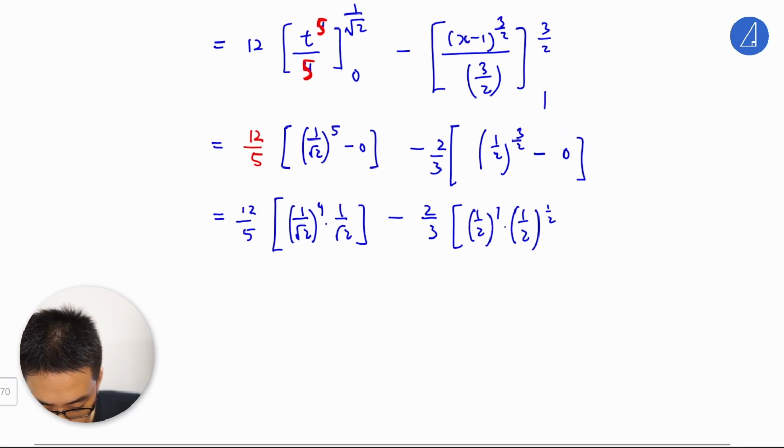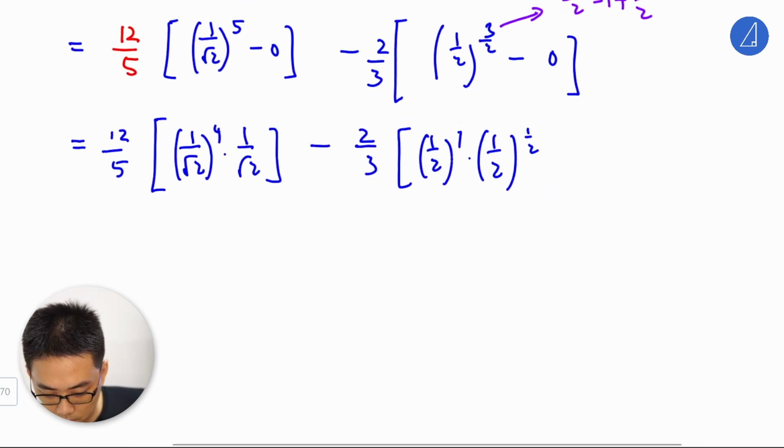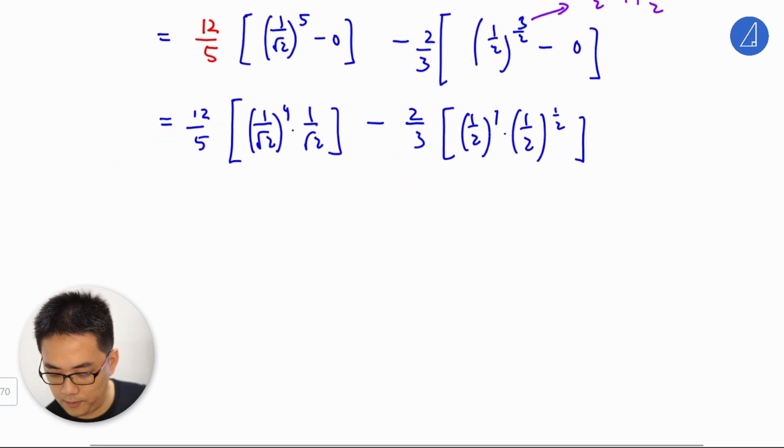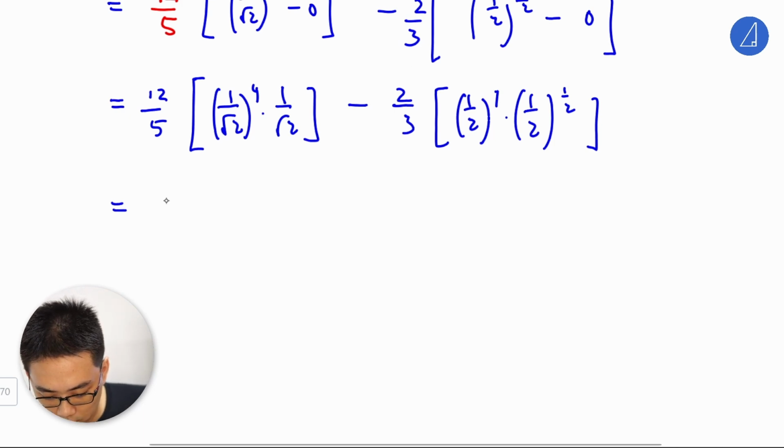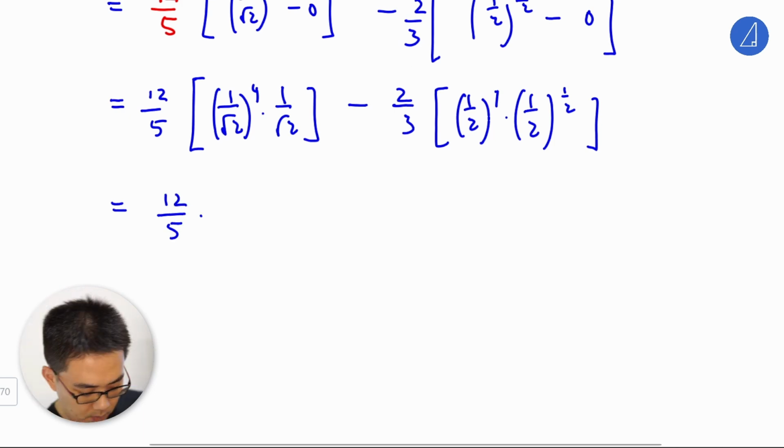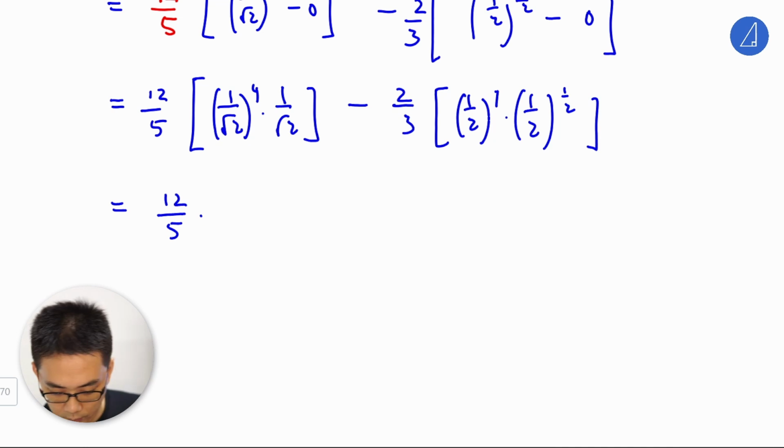So it should be quite okay. So 12 over 5, 1/2 divided by 1/2.